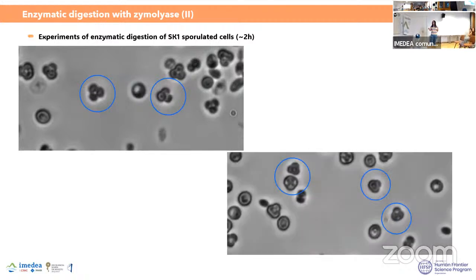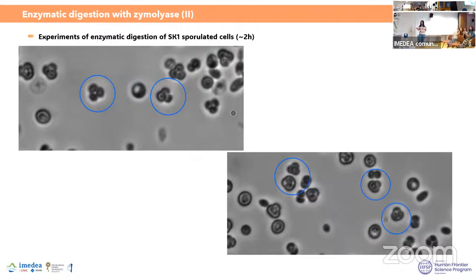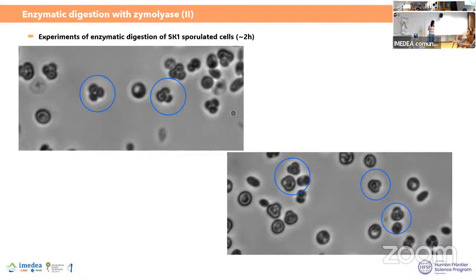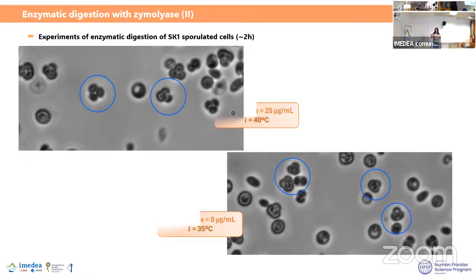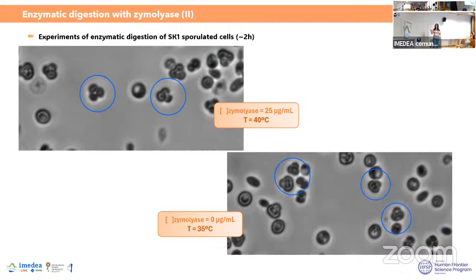And here they started rounded, and it seems that there is no difference. This is the difference between applying zymolyase, in this case 25 micrograms per milliliter, and not applying it. These are the differences that we normally see in cells.